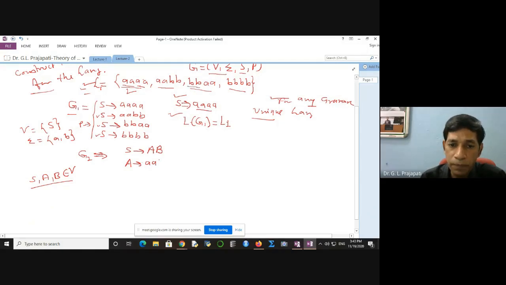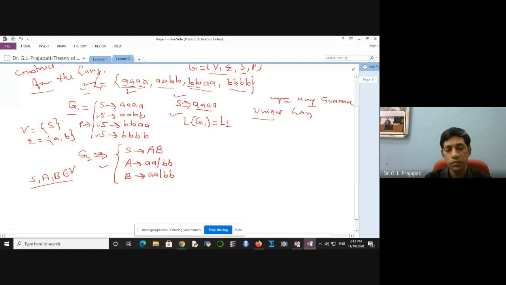So you write that A can be either aa or bb. Similarly, for the next half, B can generate aa, so B can be replaced with aa, and B can also be replaced with bb. Now you have the production rules like this, and you can say this is a more efficient way to write the rules as compared to G1.